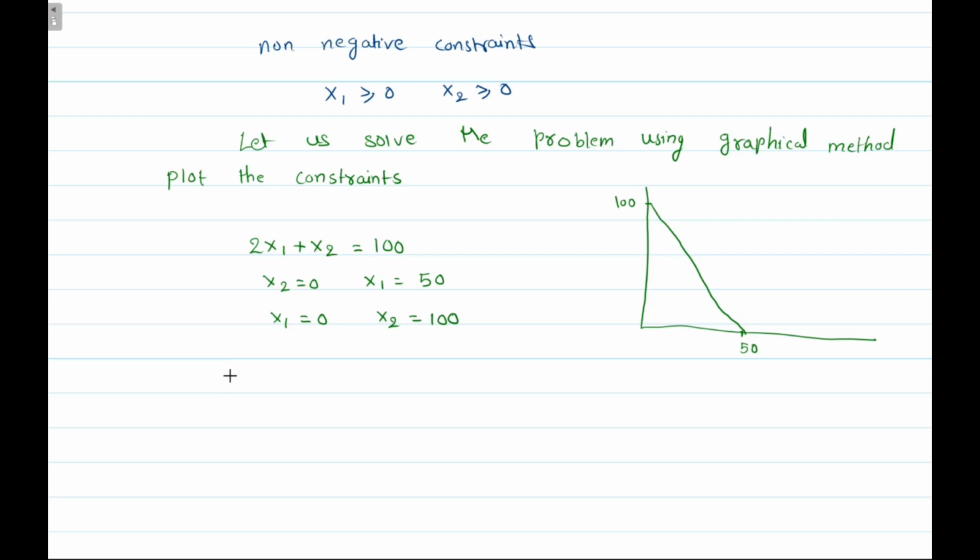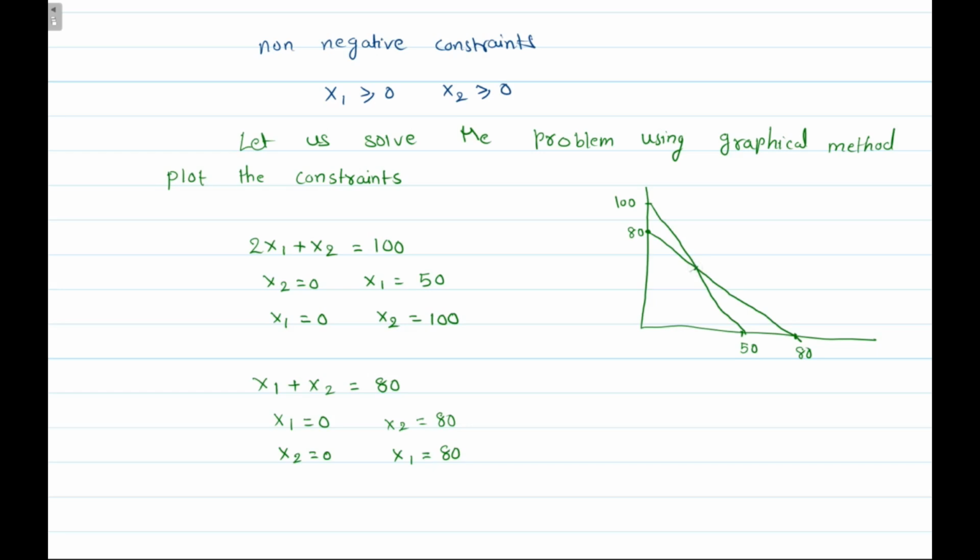Again, the second constraint is x1 plus x2 equal to 80. When x1 equal to 0, then x2 is 80. When x2 equal to 0, x1 equal to 80. So 0 comma 80 appears here, and this 80 comma 0 appears here. Joining these two points. Now we find this intersecting point.